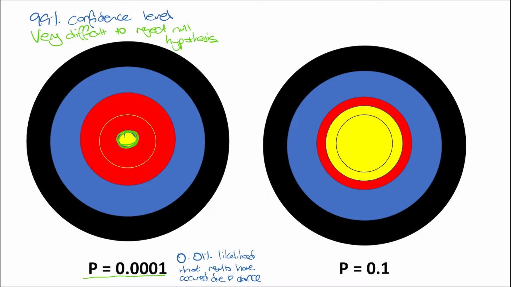Let's have a look at the alternative. So sometimes actually we go with really, really lenient p-values. So a p-value of 0.1, we're allowing a 10% likelihood that the results have occurred due to chance.